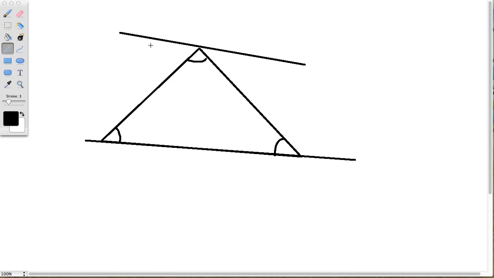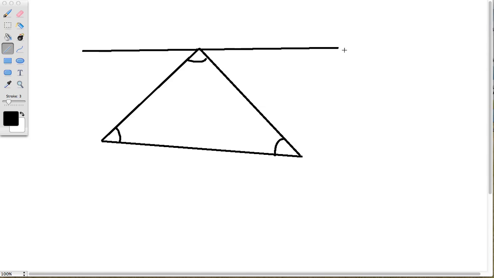Okay, so this one's going to be at the base of the triangle. Let's just say that they meet right here.